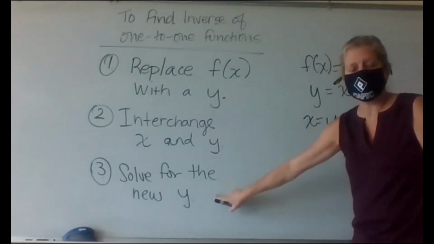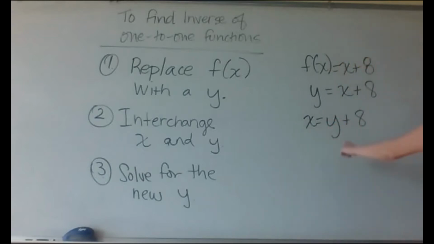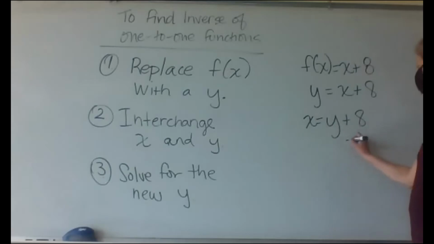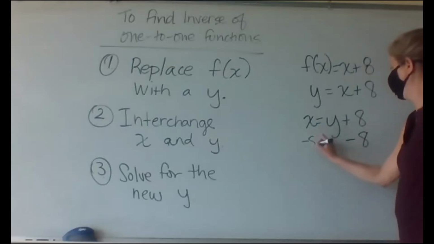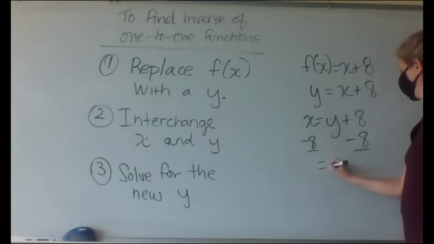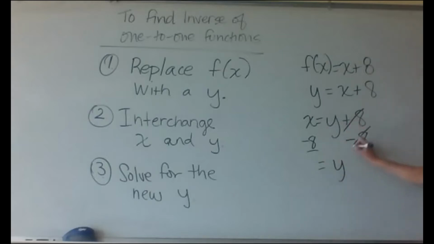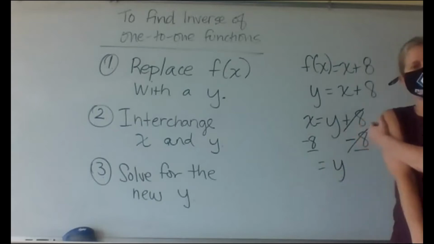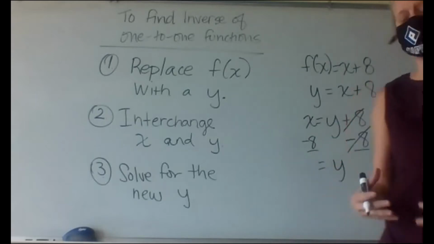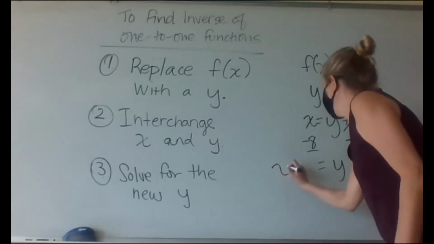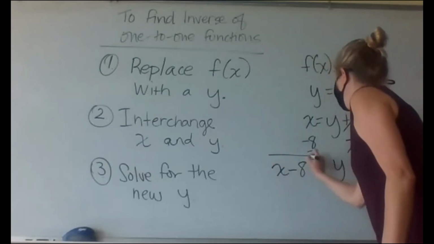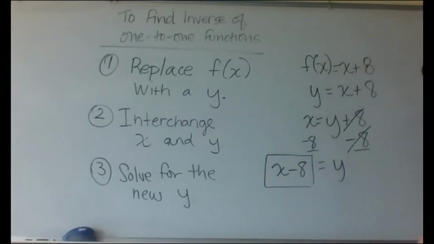You solve for where the new y is. So here's my new y. So I just need to get rid of that plus 8 with a minus 8. So there's my y by itself. Y equals, over here I've got x minus 8. Those are not like terms, I can't put them together. So that is simply what it is, x minus 8. So there's your inverse, x minus 8.